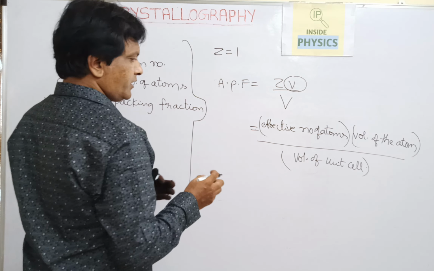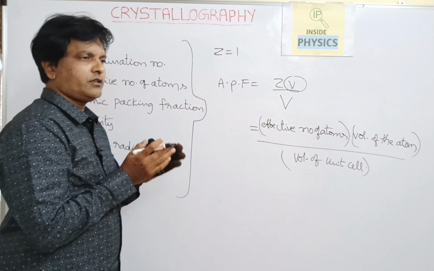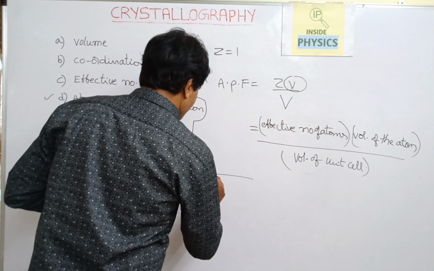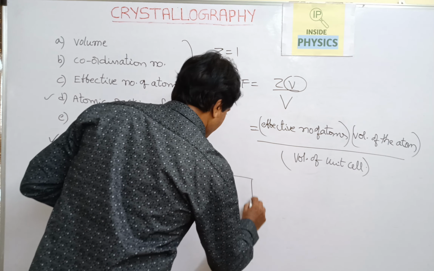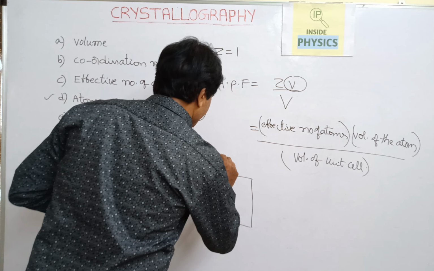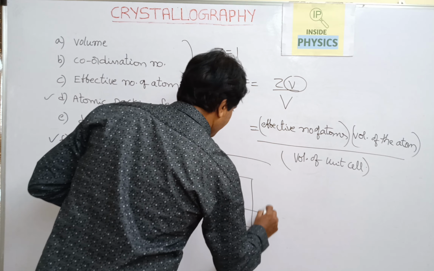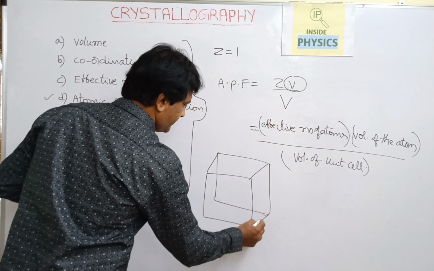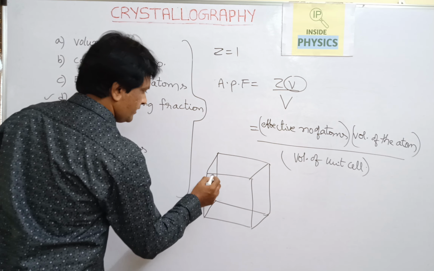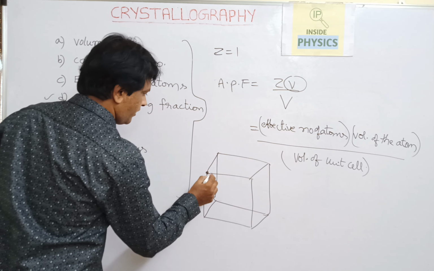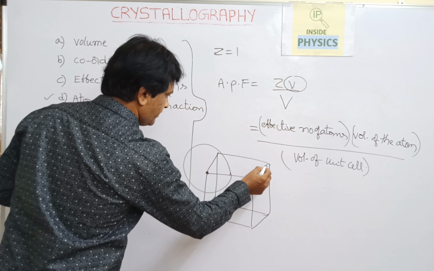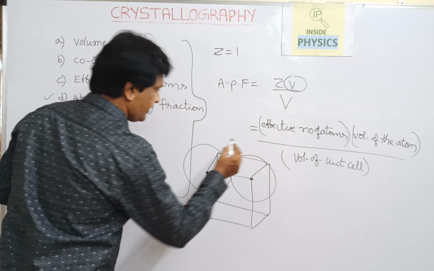In a cube, two atoms are arranged on the edge of the cube, because they are centered at the corners. If you take this cubical structure again, this is a corner and we have an atom here, and this is a corner and we have an atom here.